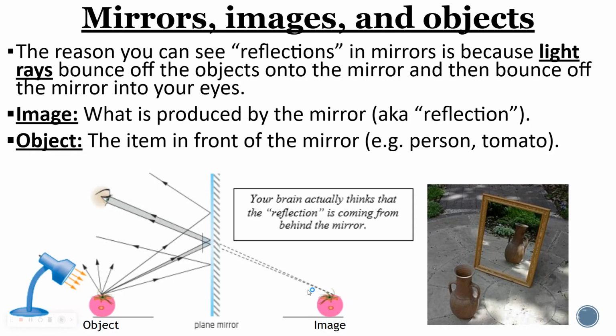It's just an image that's made. So it's not really there, but it looks like it's in there. A ray from an object hits a mirror, reflects off the mirror, and goes into your eyes. Your eyes don't realize this is happening, so they extend the line behind and think that there's something in the mirror, and that's called your image.